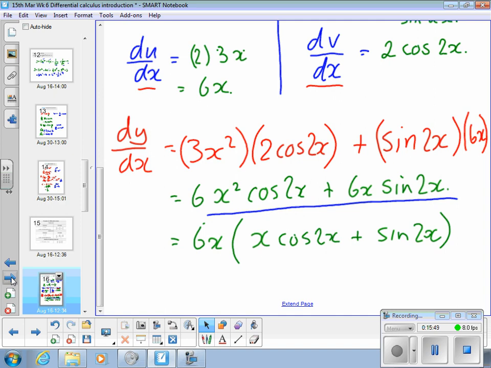Okay. So, valid solution to that. Differentiate. We have to use the product rule. We'll look at another example.